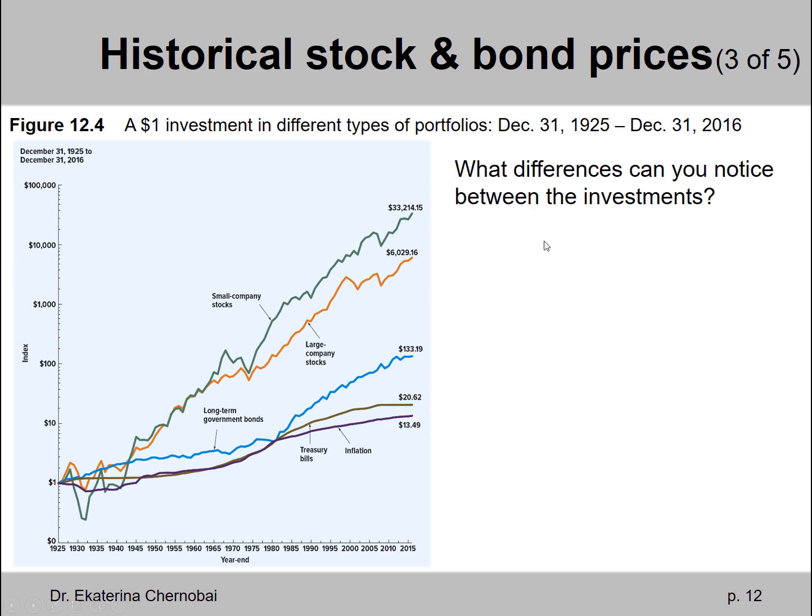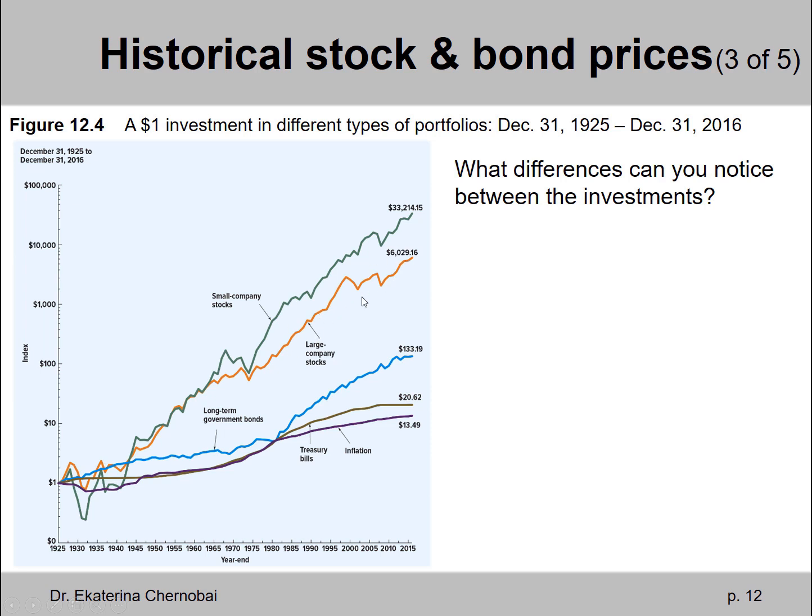And you're probably thinking, well, the small company stocks, the line that's the highest up on this figure, right? And you're probably saying that because in 2016, that $1 grew to $33,214.15.